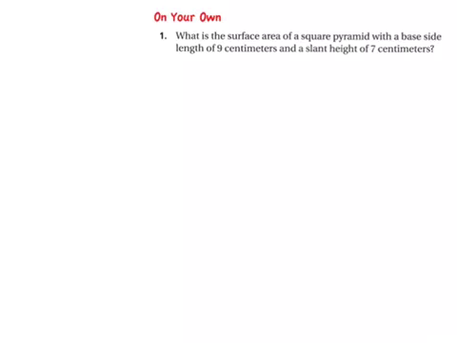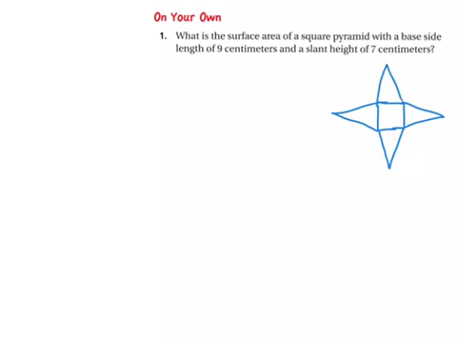Okay, so what is the surface area of a square pyramid with base sides of length of 9 centimeters and a slant height of 7? So you could draw your square pyramid, but I'm going to draw the net of it because that's what matters right now anyhow. So it's a square pyramid, so you know the base is square, and then each of these is a triangle.